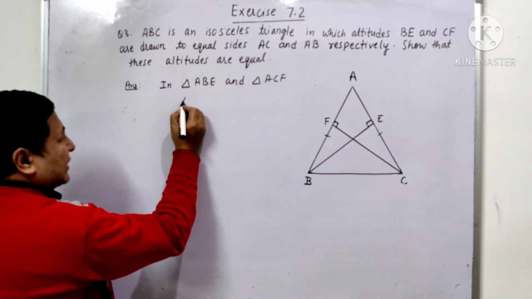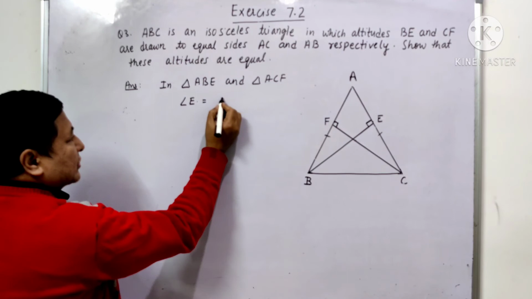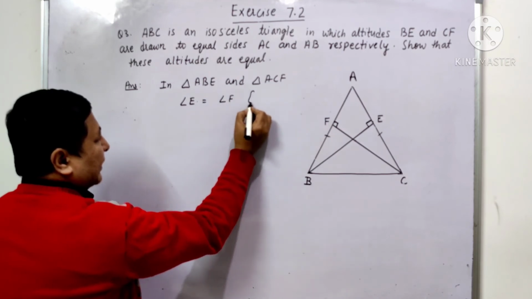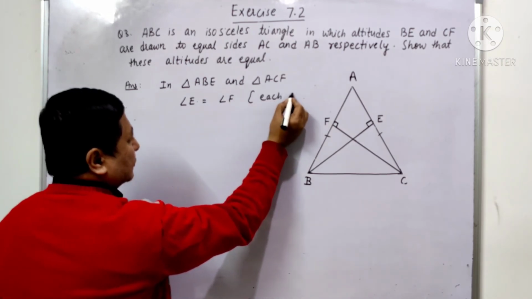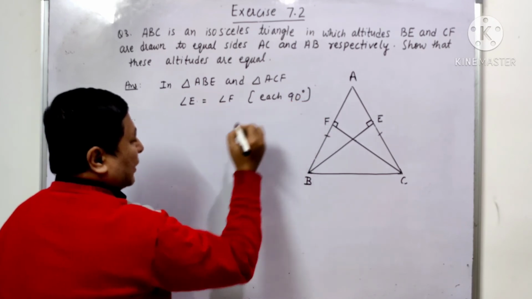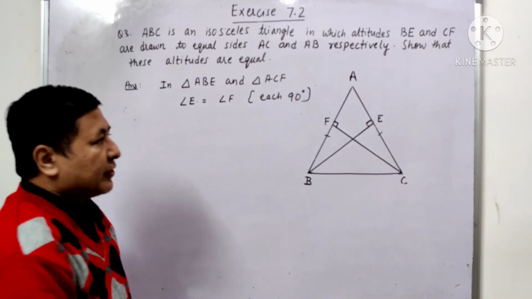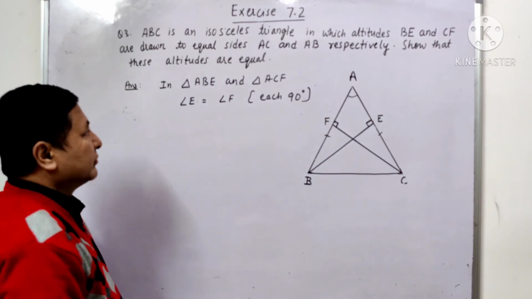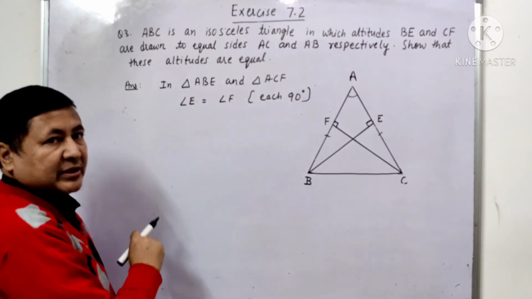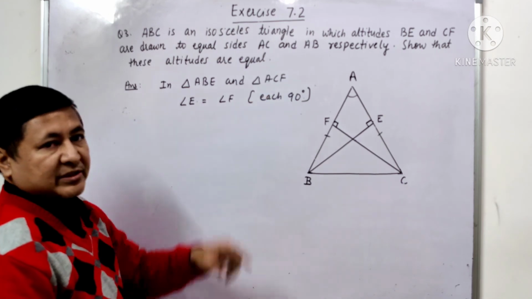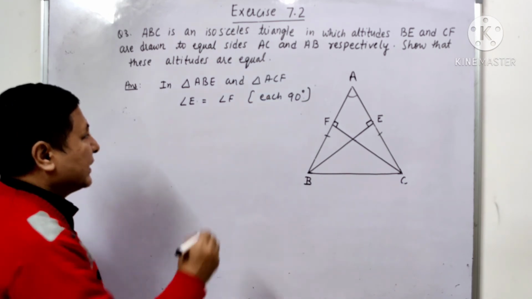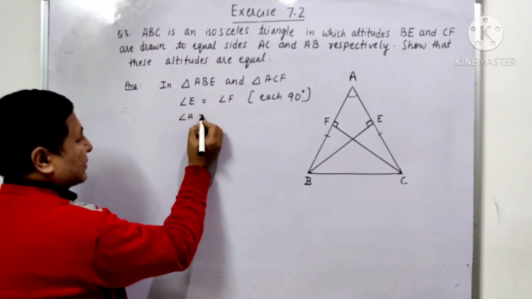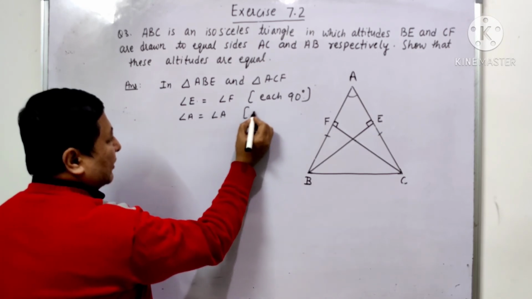That means we can write angle E is equal to angle F, and both are equal to 90 degrees. If you see carefully, you will find that angle A is common in both. It is present in angle ABE also and in angle ACF also. So angle A is equal to angle A, that is common.